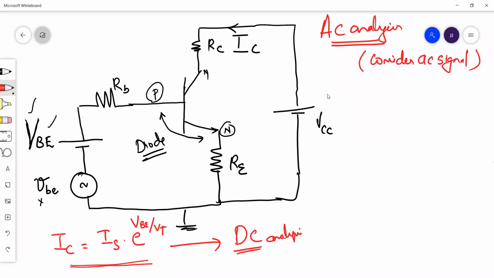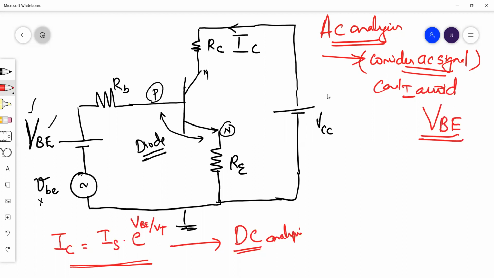But my question is, can I avoid this capital VBE? During AC analysis, I need to consider the input AC signal.